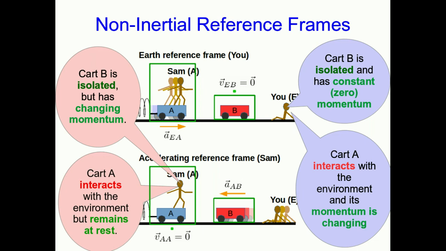Also, Sam can see as well as you that cart A is interacting with the environment. There's that great big spring pushing on it. But as far as Sam is concerned, Sam being stubborn as usual, cart A is remaining at rest relative to Sam. And so both of these are violations of the law of inertia.